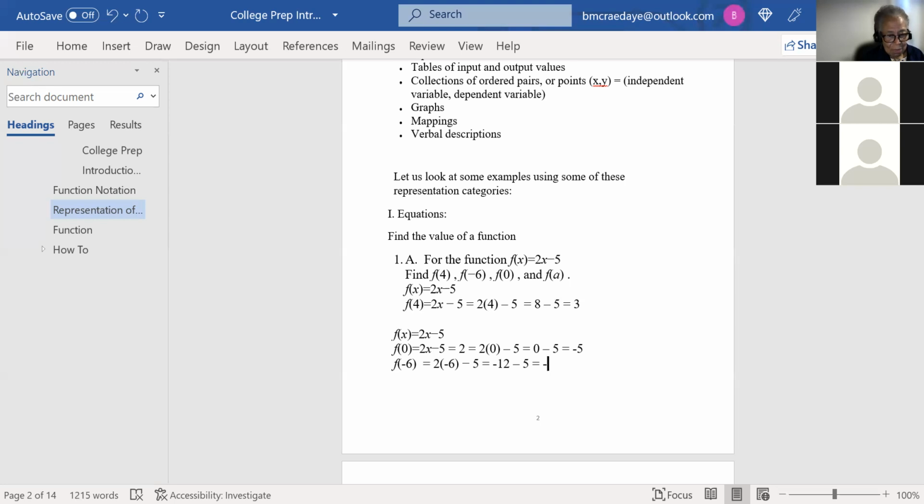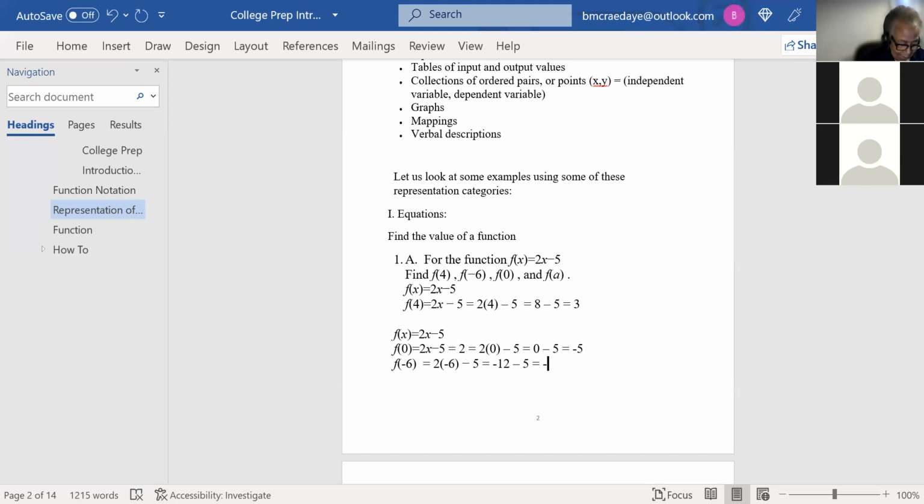I always get confused in this, because I thought it was minus 12 minus 5, meaning you subtract. No, you subtract when the signs are different. These signs are the same, so you're adding. 12 and 5, 17.